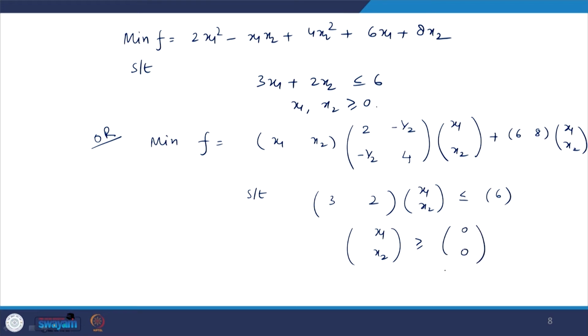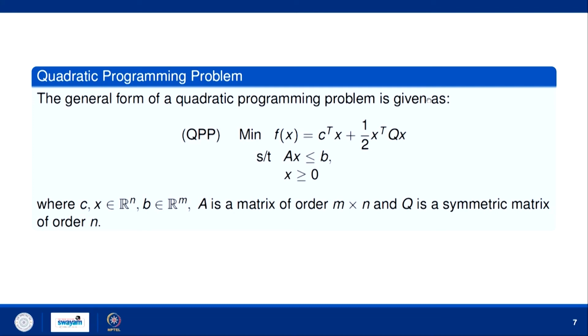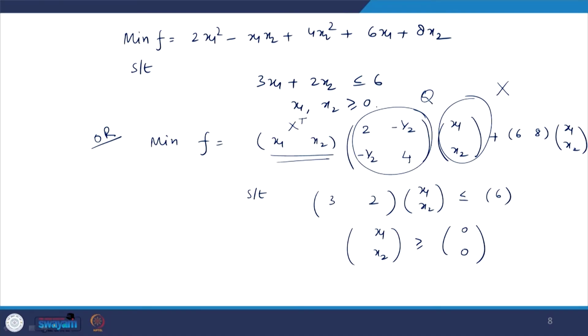So, if you take this as capital X, this will be X transpose and this you can take as Q. Here I have taken half, so I can take it half here and multiply this by 2.